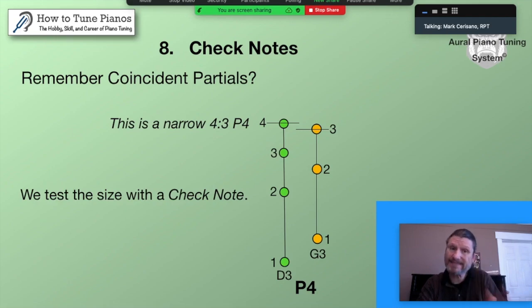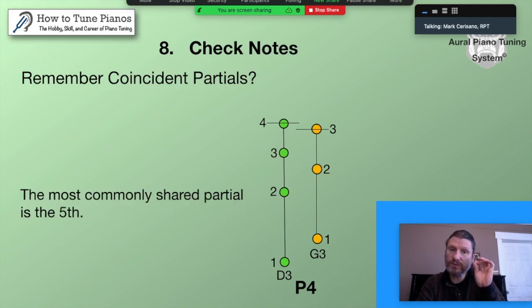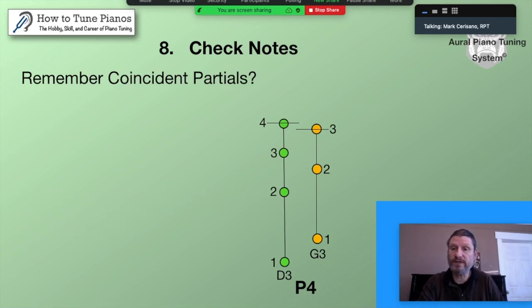And we can test the size with a check note. What is a check note? It's a note that shares the coincident partial of the interval. The most commonly shared partial is the fifth partial. We're going to use a check note that shares its fifth partial with this interval's coincident partial. So what is the coincident partial? If we go up the harmonic series from D3, we get up to D5.